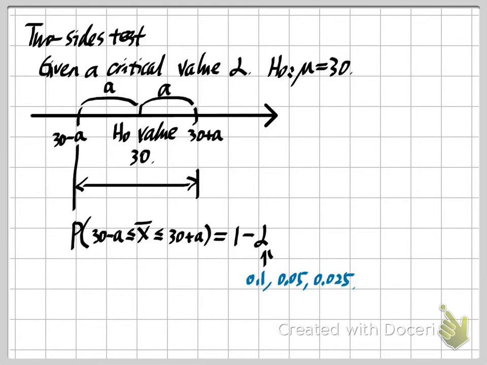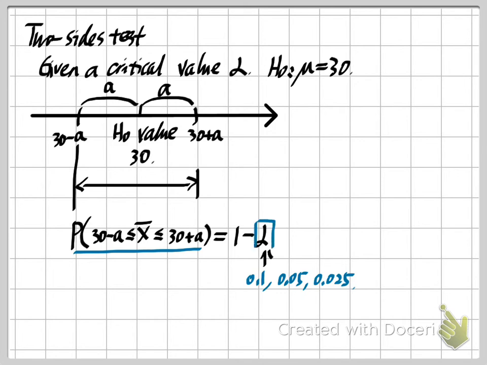If we choose these, then the left-hand side of this equation, the probability, is equal to 90% or 95% or 97.5%. So this is how we can compute the critical region based on a given critical value.